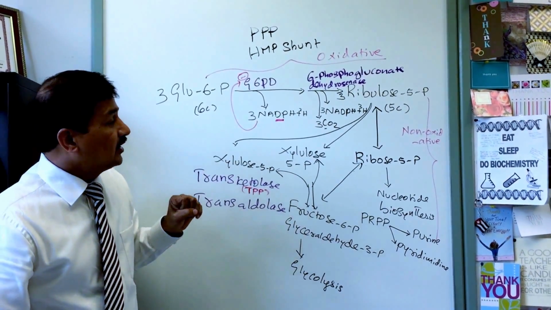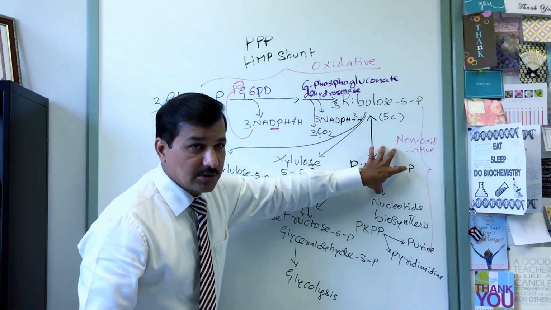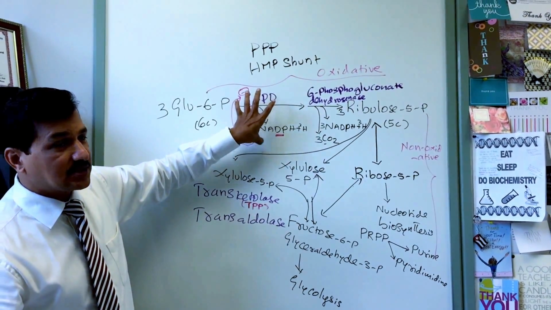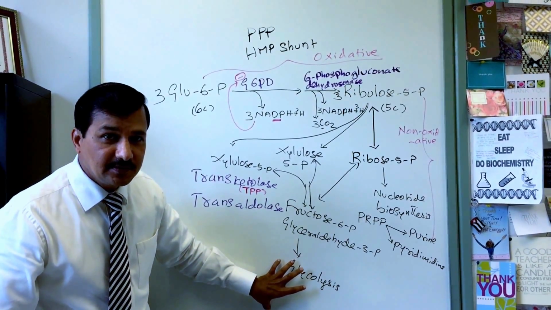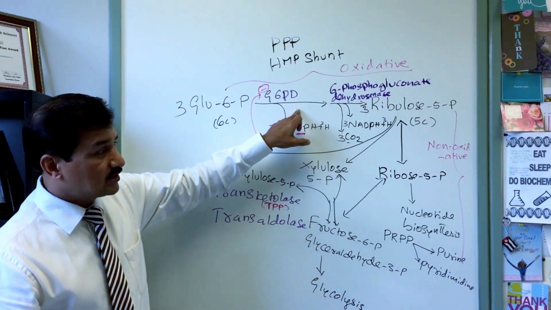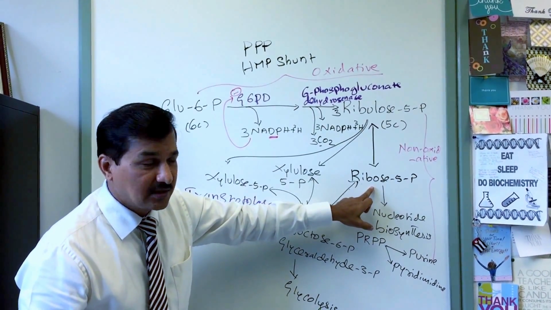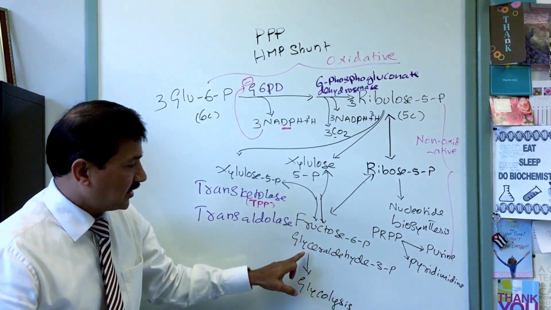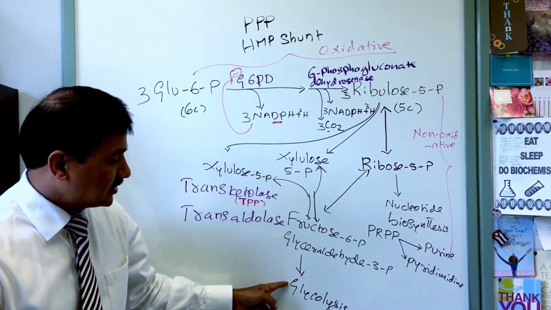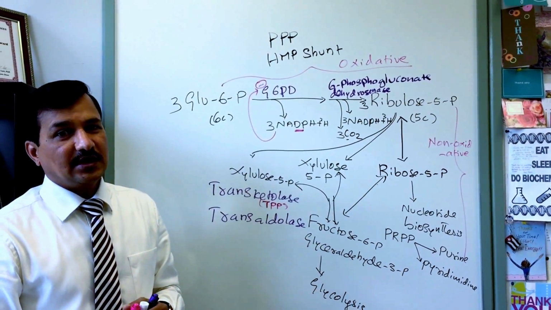And also another thing, if the cell doesn't want ribose 5-phosphate, but it wants NADPH and it wants pyruvate. During that time, what happens? The oxidative phase of the pentose phosphate pathway goes, then ribulose 5-phosphate forms ribose 5-phosphate, then the non-oxidative phase brings that into fructose 6-phosphate, glyceraldehyde 3-phosphate, glycolysis, you get pyruvate, and pyruvate is converted to acetyl-CoA.